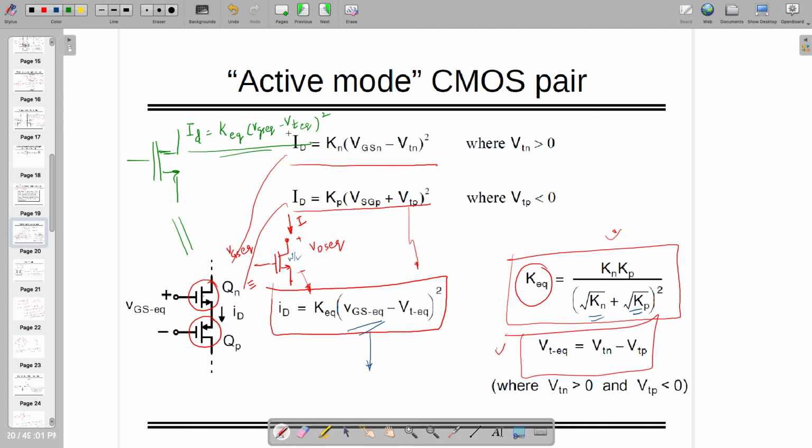For that, I have only one fact which is known to me, that the current flowing through both the transistors is the same, and the current which is flowing through this transistor is ID equal to Kn times (VGSN minus VTN) squared. For another transistor which is PMOS, I know that it is Kp times (VSGP plus VTP) squared.